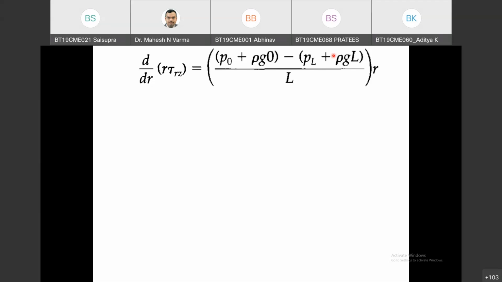Anybody not getting this equation or got any confusion in the discussion we had till now? Anybody not getting this equation?